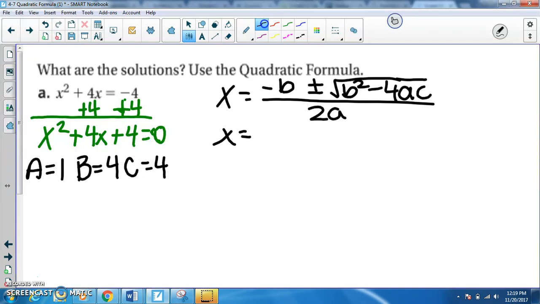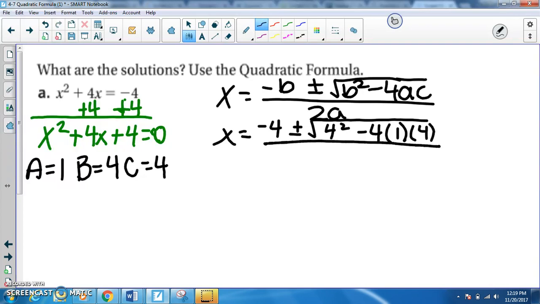So x is equal to -b, which is -4, plus or minus the square root of 4 squared minus 4 times 1 times 4, all over 2 times 1.